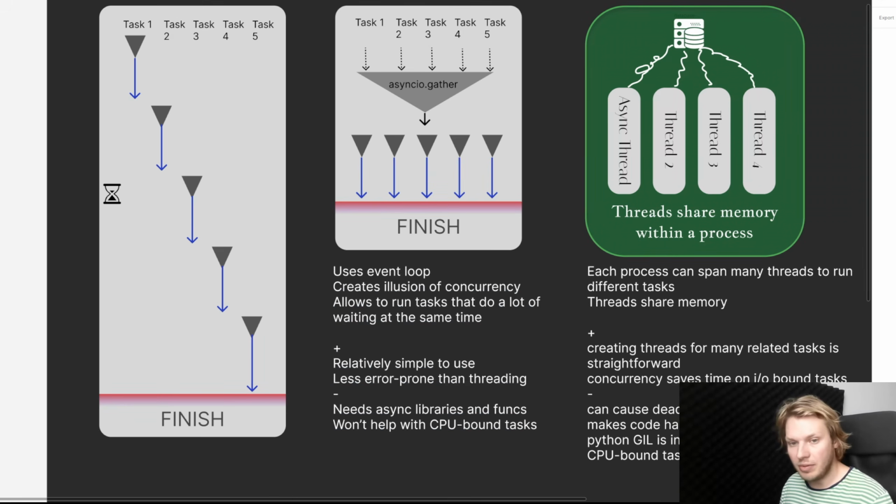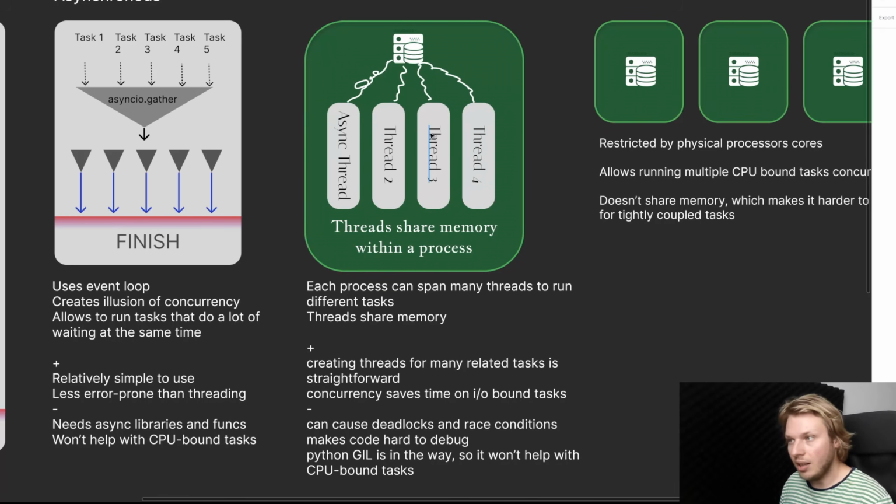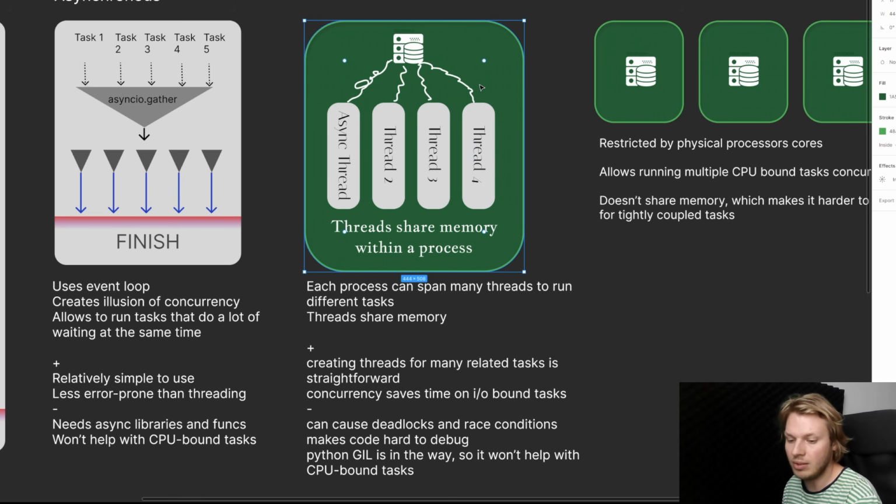Then there is multi-threading. So what is multi-threading? Well, basically, imagine that this green block is a process. It's virtual or real, like you have 2 cores on your CPU and 4 threads. And imagine that this is one of those 4 virtual cores or 2 cores that you have.